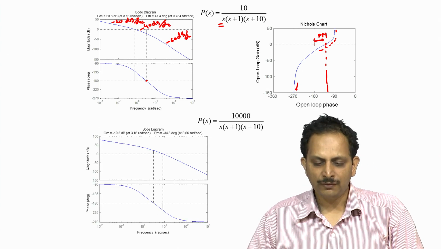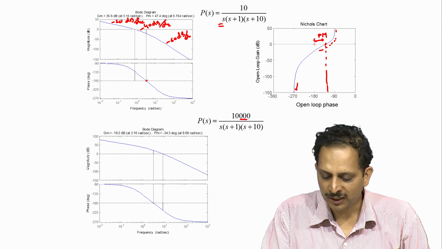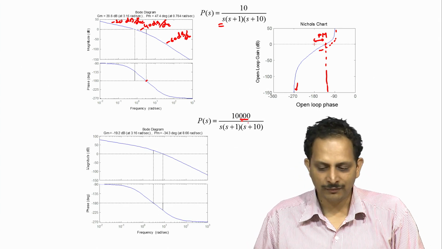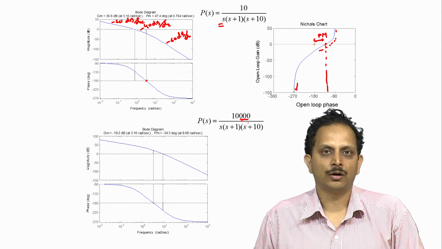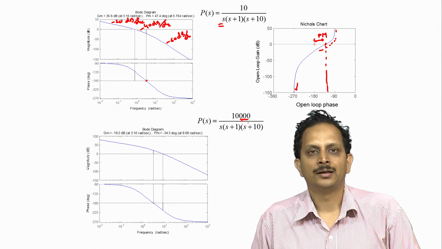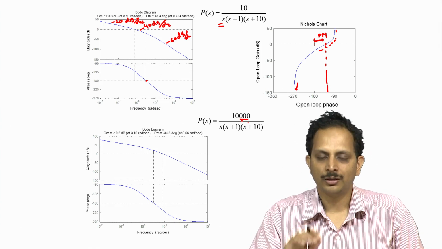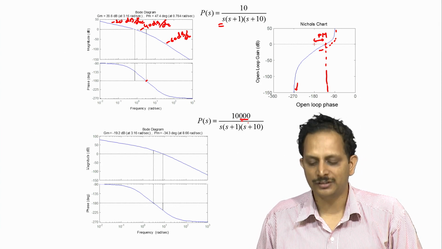And if we use the same transfer function but this time multiply the numerator by a factor of 1000, then we see that this entire Nichols plot of the plant gets shifted up by 60 dB because of the multiplication of the numerator by a factor of 10 to the power 3.